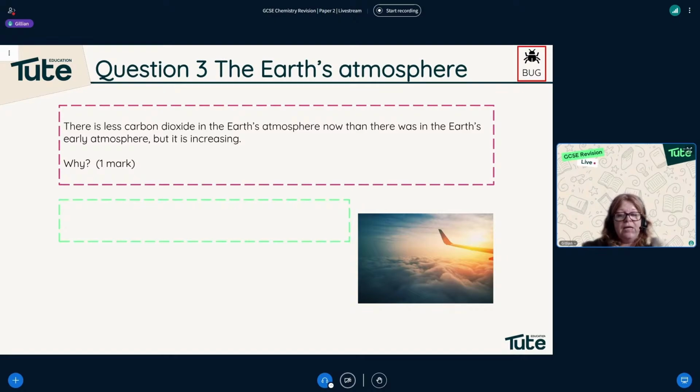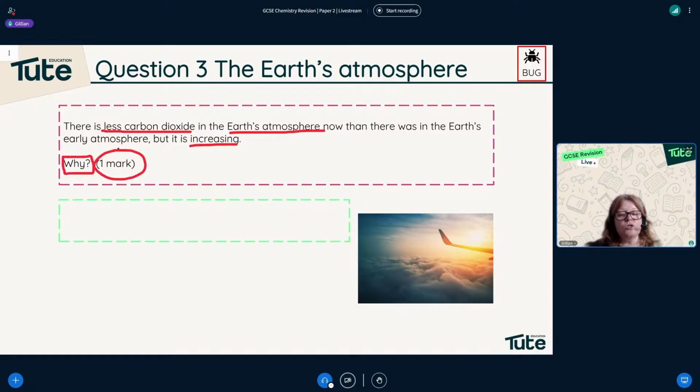Okay, next question. Now, there is less carbon dioxide in the Earth's atmosphere now than there was in the Earth's early atmosphere, but it is increasing. Why are the carbon dioxide levels increasing in our Earth's atmosphere? Okay, and this is a 1-mark question.